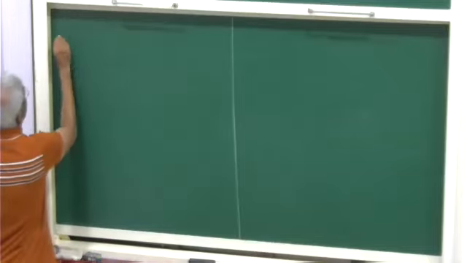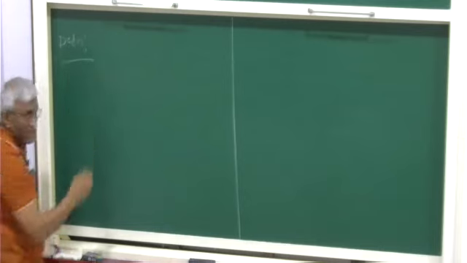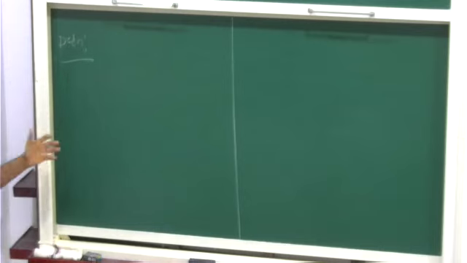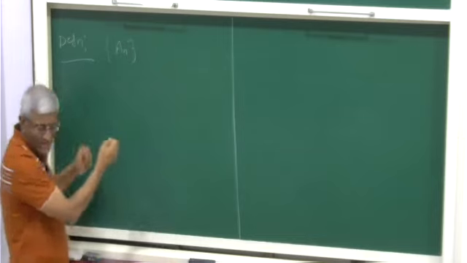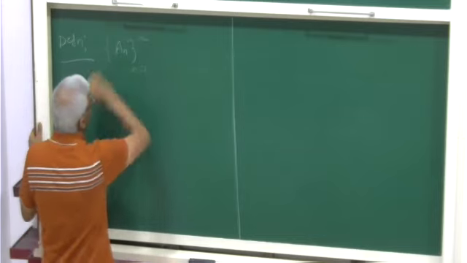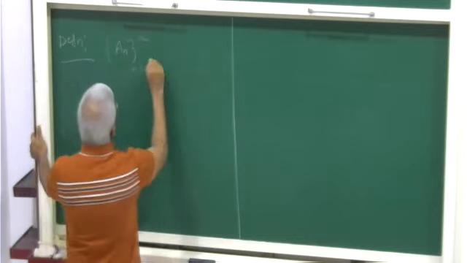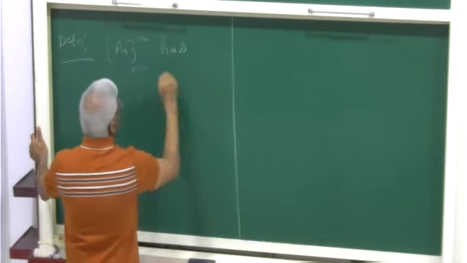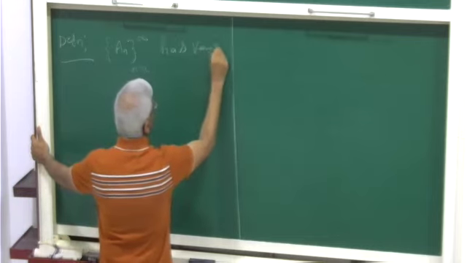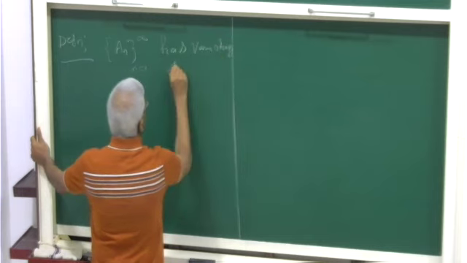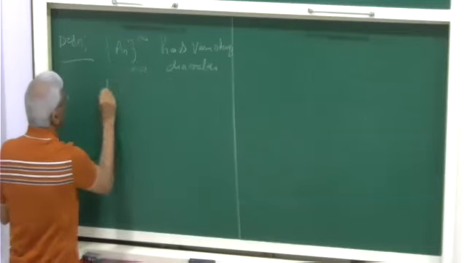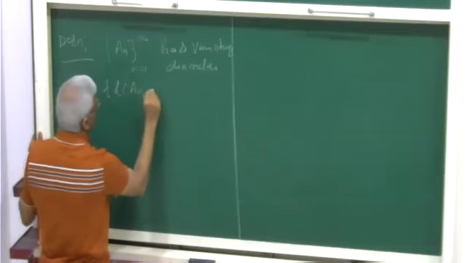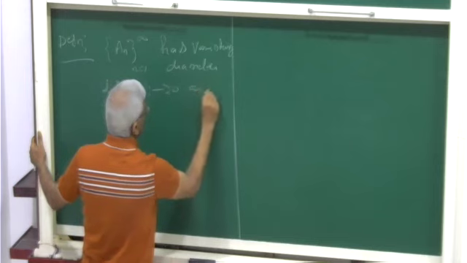Next, I want to make a definition and prove something using completeness. It's very trivial, but the statement is longer than the proof. If we have any sequence of subsets A_n in some metric space, this collection has vanishing diameter if d_n goes to 0 as n goes to infinity.